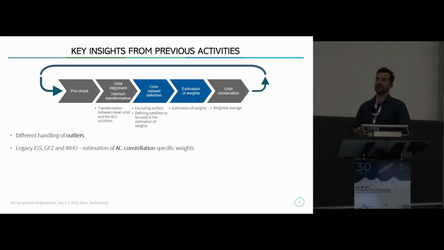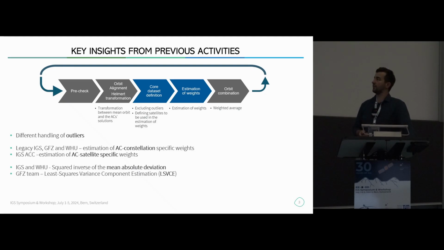But as I said, there are different groups who worked on that, and they propose different ways of handling outliers and defining the satellites to be used to estimate the weights. Some groups use so-called AC constellation-specific weights, so the weights are estimated for each constellation, while IGS ACC initiated the estimation of AC-specific weights, so the weights for each satellite individually. We also need to define how to estimate the weights.